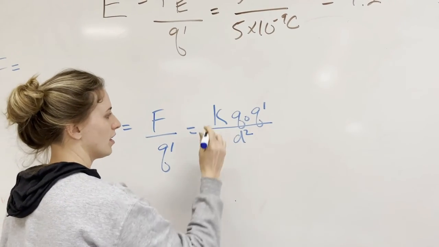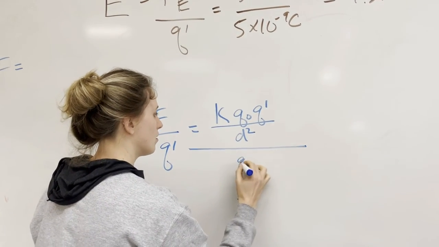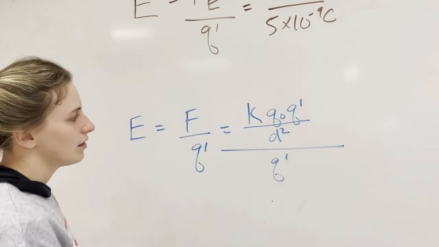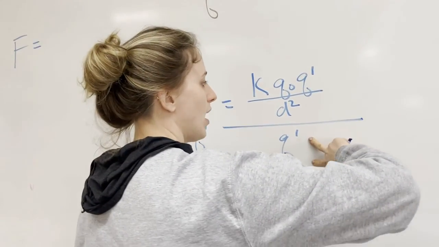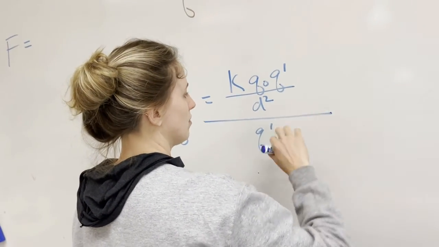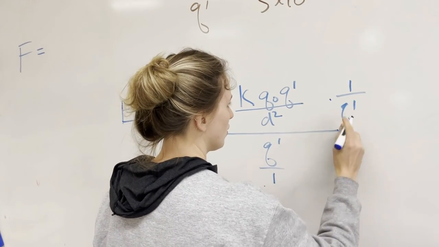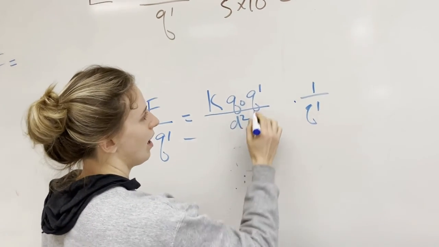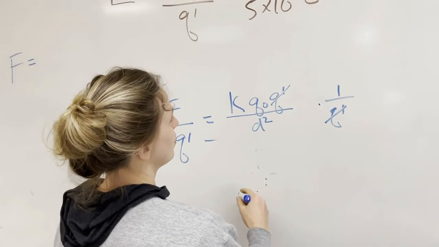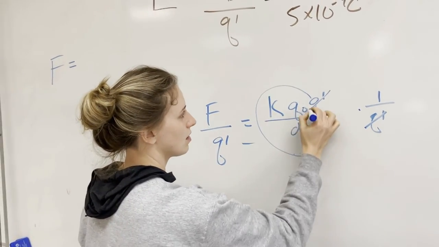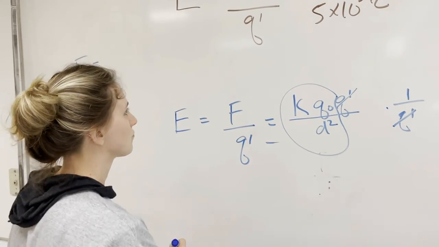That's that top right here. And then divided by Q prime. So can you cancel anything? What happens here is it gets flipped, and this is like being over 1, so it's like times 1 over Q prime. And then these cancel. So we're just left with this. So that's another way of saying the electric field.